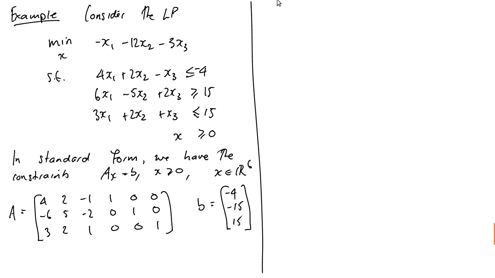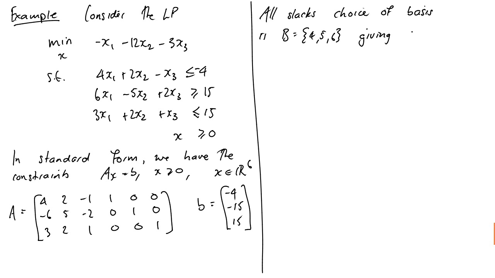We'll start with the all-slack choice of basis anyway, because it gives us an AB that is invertible, giving xB equals -4, -15, 15, which is not feasible. So we're into our otherwise case.